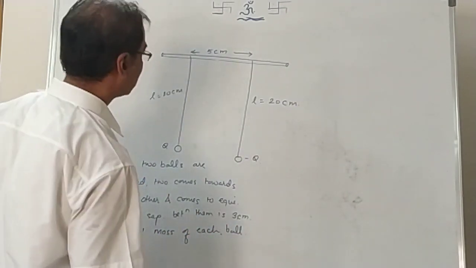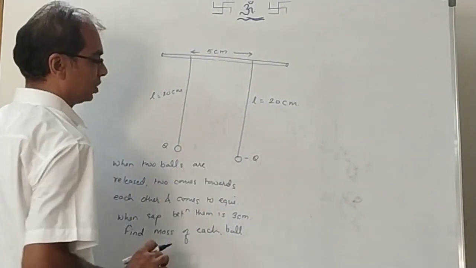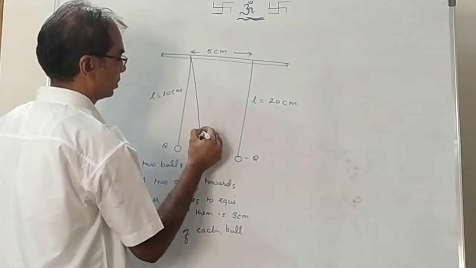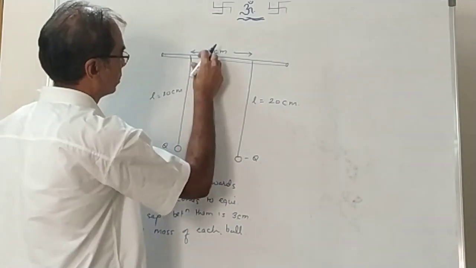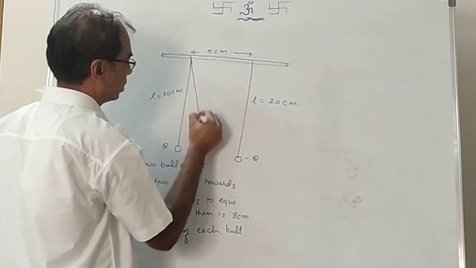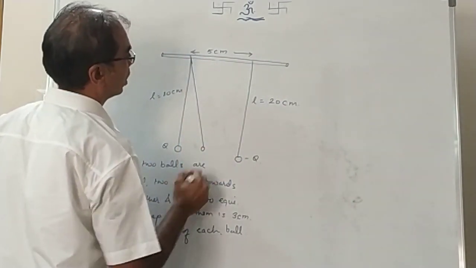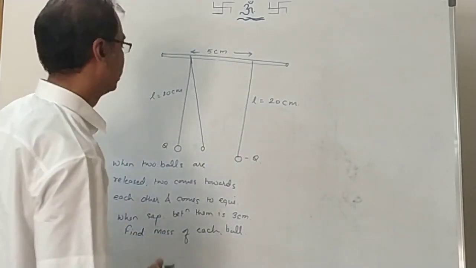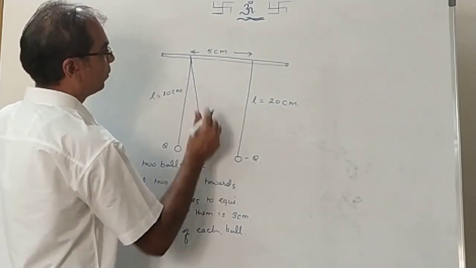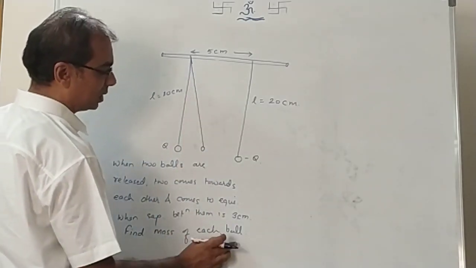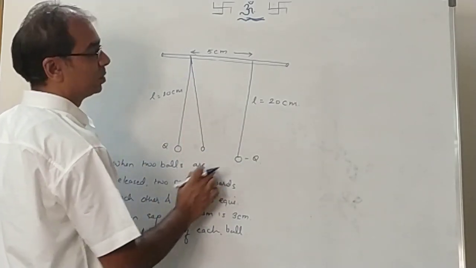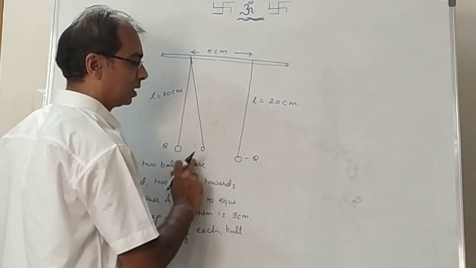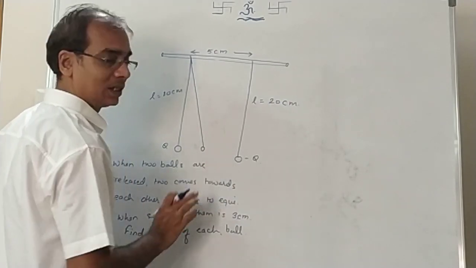So what is the question saying? They are coming close towards each other because there is an attraction force. Suppose this ball comes over here, and this ball comes somewhere here. I am making the diagram for one ball only. If the separation between them is 3 centimeter, that means the motion of these balls totals 2 centimeter. Since both balls have the same mass and same charge, both will move by the same amount.